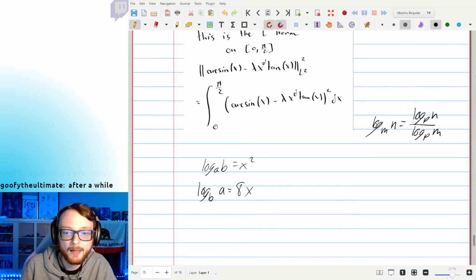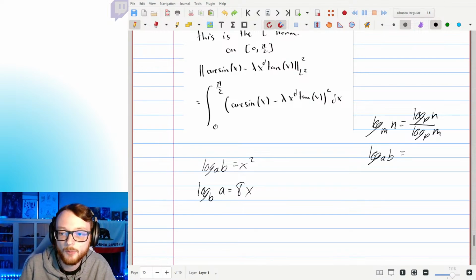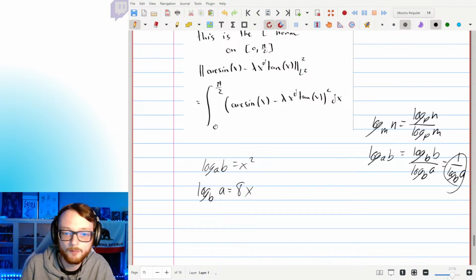So if we have log base a of b, and we want it in base b to match this log over here, let's apply the same exact identity. Log base b of b over log base b of a. But log base b of b is just 1. So we found that log base a of b is 1 over log base b of a.